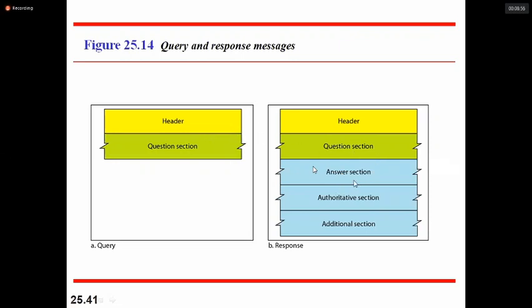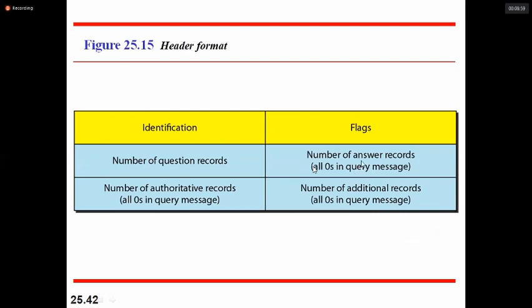The answer section holds the answer for the requested query, or basically it is a subfield which records the answer given for this particular query, and it will be set to all zeros if it is a query message. Very simple. Since a query message is not giving the response, it will be set to all zeros. Next, I have the number of authoritative records.